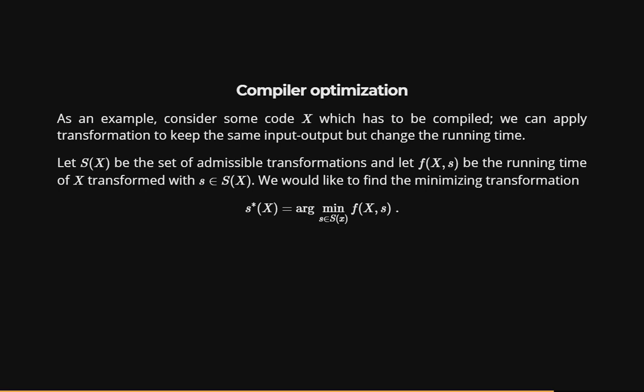Obviously, this in principle depends on your code. Given a precise piece of code, you can devise a way of compiling it that minimizes the running time. So you're actually interested in the transformation. So what you want to find is the argmin over S in S of X of the running time.